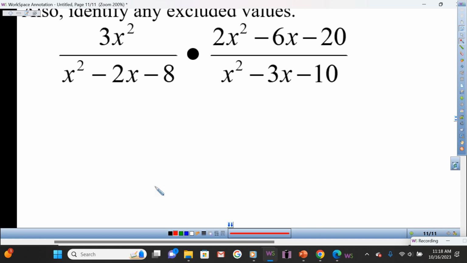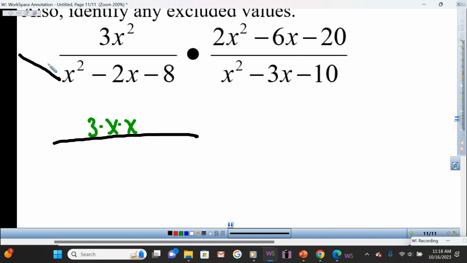Step 1 says to factor everything. So, tell your neighbor how to write 3x squared in factored form. How do we write 3x squared in factored form? Yeah, 3 times x times x, over. How do we factor this trinomial right here? Negative 8 and negative 2. Think about it.